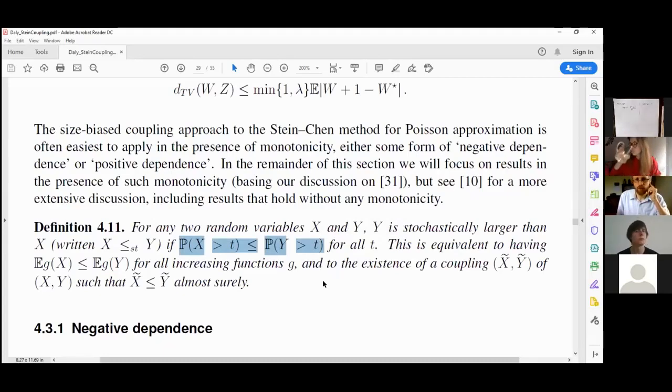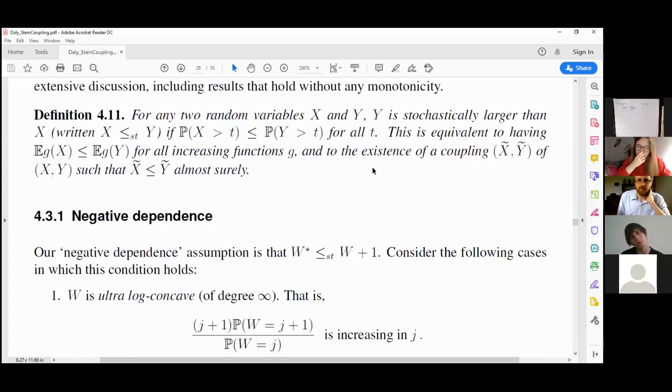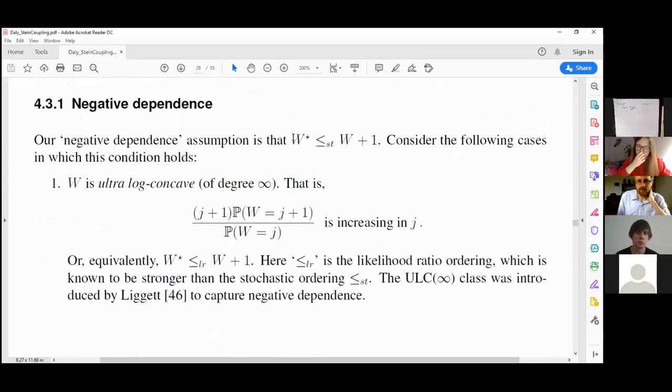So, as we said, if I want to exploit some monotonicity here, a very natural way to do it is to think about stochastic ordering between this shifted version W plus 1 and this size bias version W star. So let's start off by thinking about the setting where the size bias version is stochastically smaller than the shifted version.